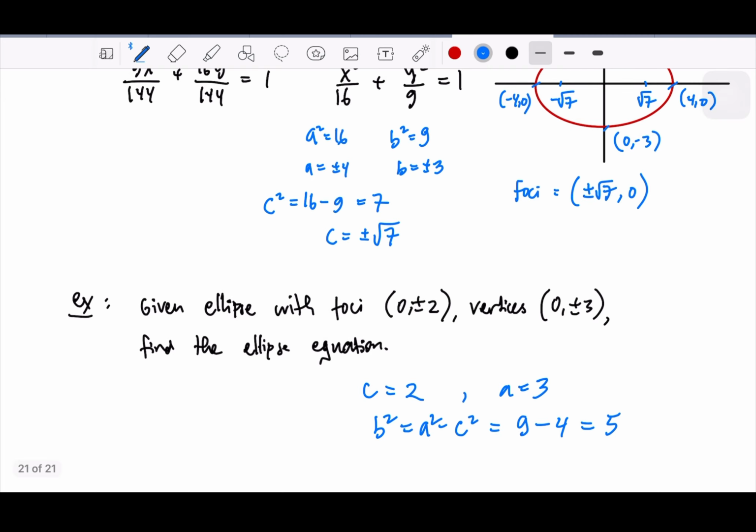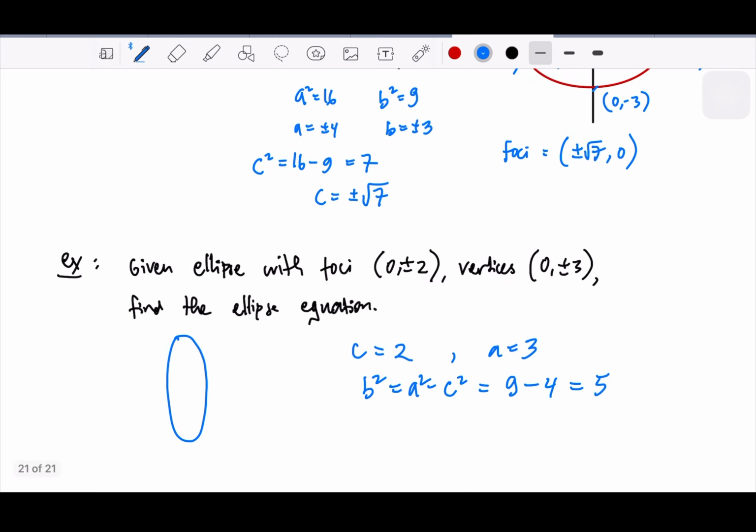And we know that this is an ellipse that has this shape. So it's more elongated on the vertical axis, okay, because the foci are on (0, 2), right? The vertex is on (0, 3).